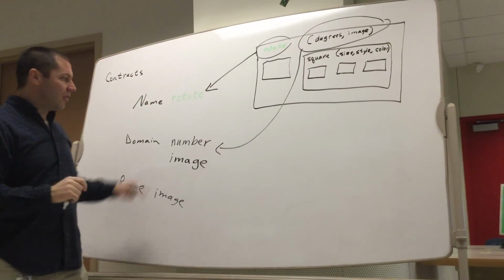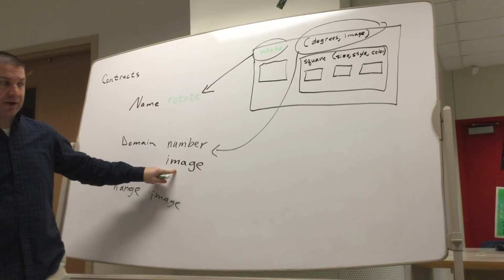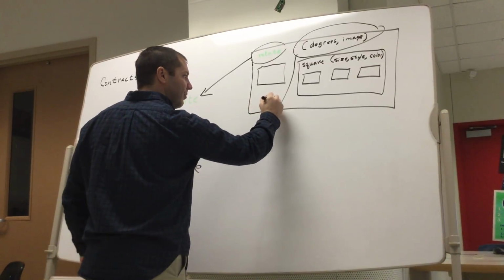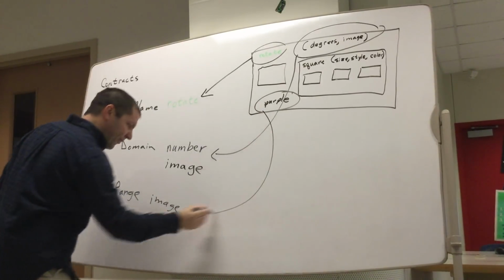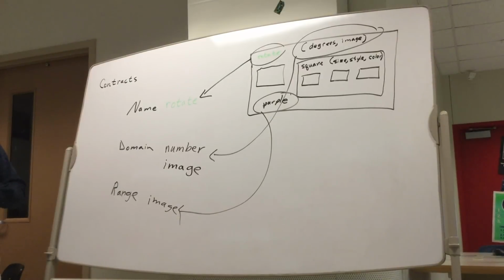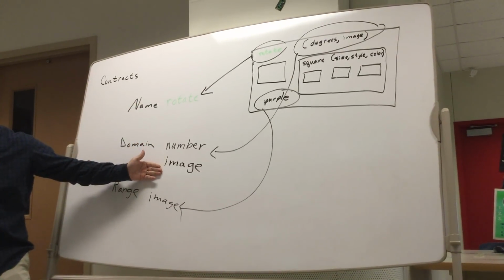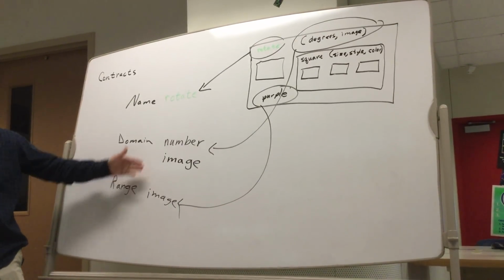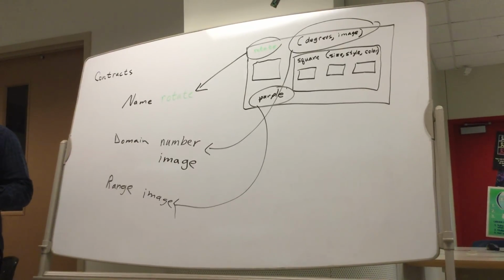There's two inputs, a number for degrees and any image that we want to put in. Then the actual color, and I'm just going to write that this is purple. The color of the function itself tells us what it's going to produce. As long as we fill in rotate with a number and some image, it will always produce that image for us rotated at the number that we put in. Does that make sense to everybody?